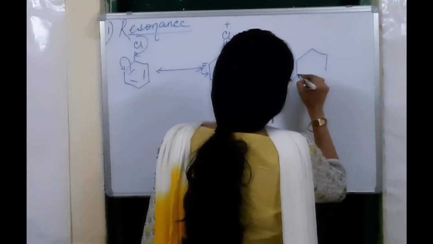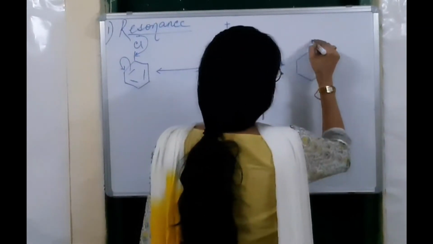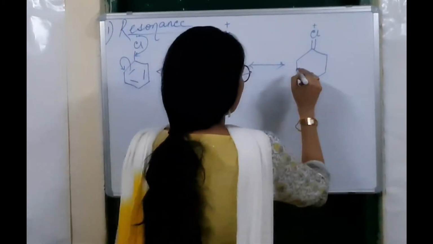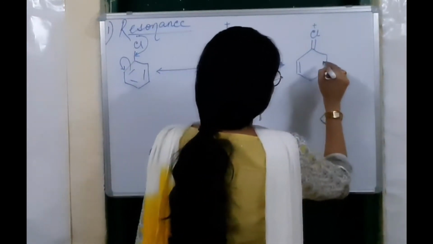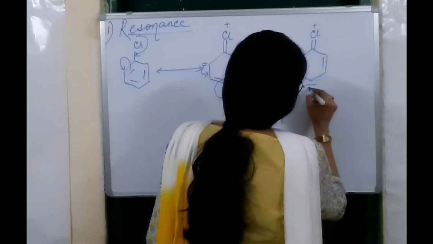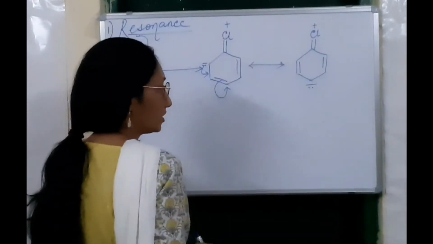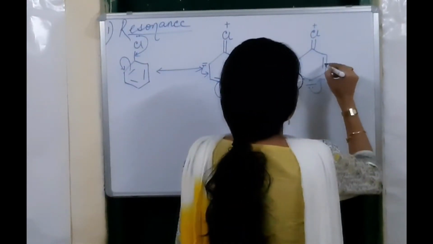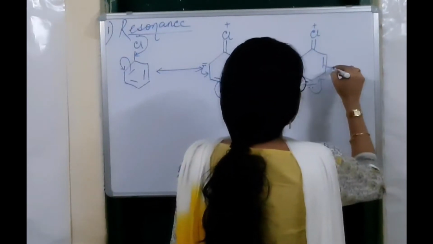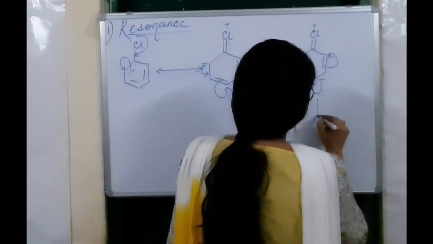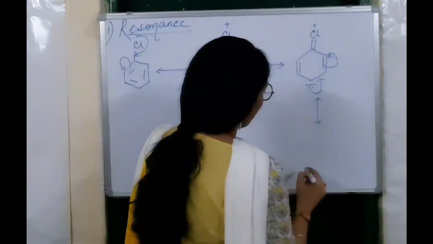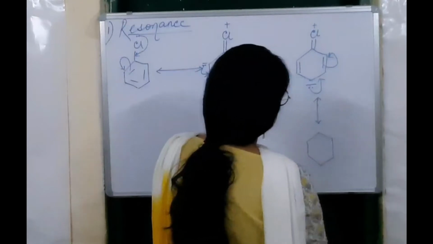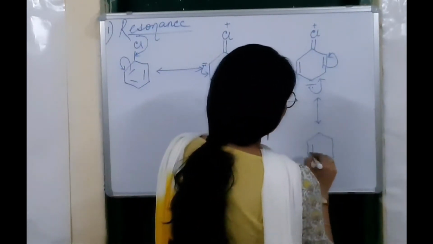All of you draw the resonating structures with me. Cl plus, here again double bond, this double bond intact and here negative charge. Now in the next step, what will happen? This will come here. So this is intact.